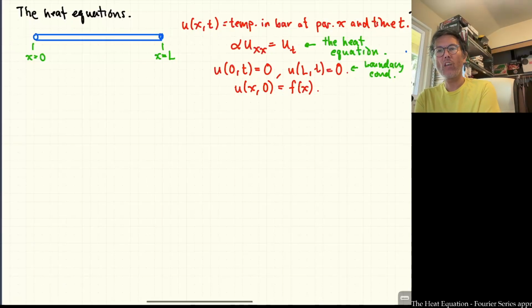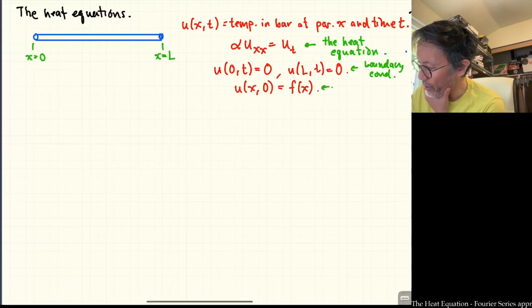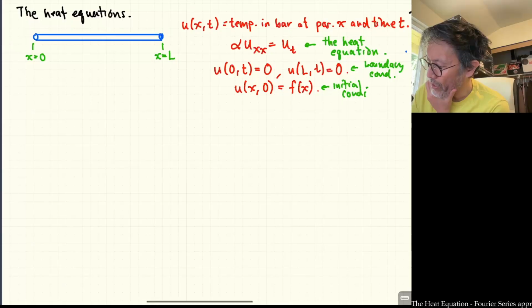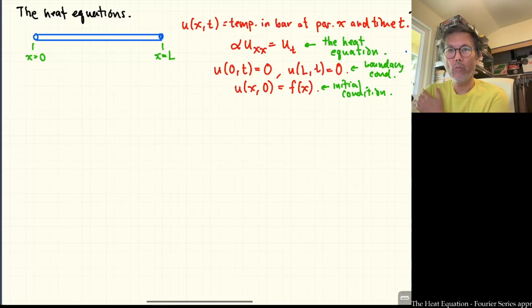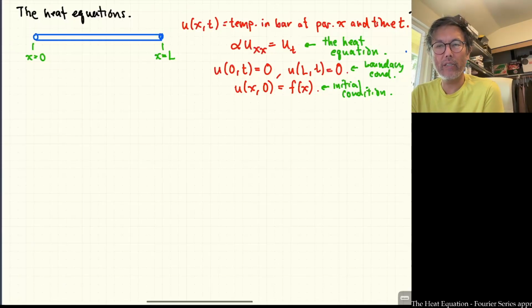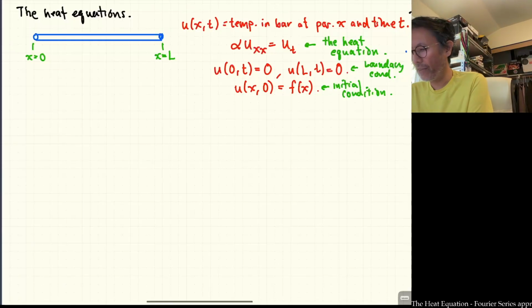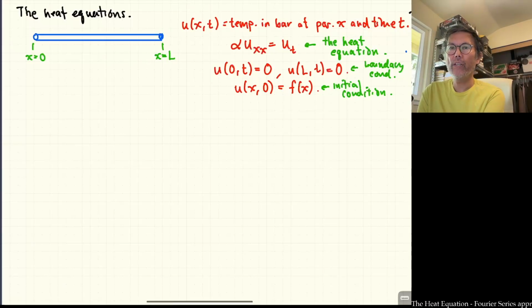This is the sort of setup that we want to approach. This is the data that we're going to be given, and we're going to try to solve this heat equation using all of this information, and hence learn about the dynamics of the distribution of heat within this bar.